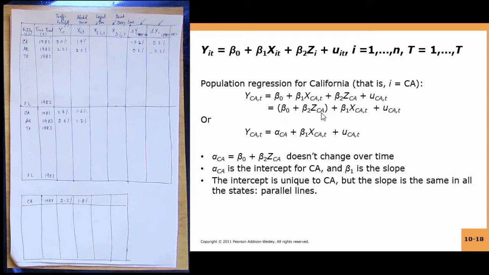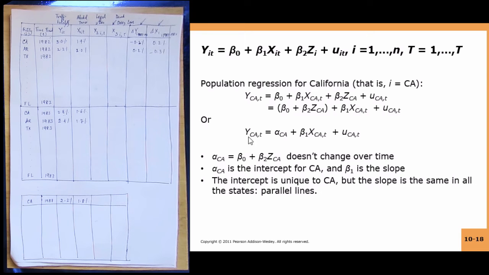That is a new intercept, which is dependent upon the constant intercept beta 0, and then some part of that intercept is dependent upon the fact that this particular equation is only for the California state. So you have beta 0 plus beta 2 zCA. This is your new intercept. This intercept is specific to California, plus beta 1 xCAt plus uCAt.